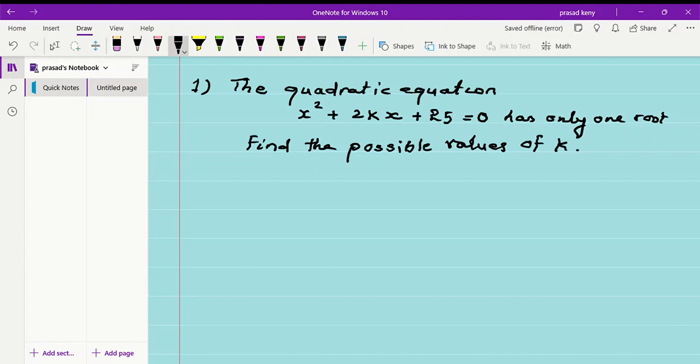So, in such cases, first you compare the given quadratic equation with ax square plus bx plus c equal to 0. So, in this case, a, the coefficient of x square is 1. b, the coefficient of x, is 2k here, and c is the constant 25.